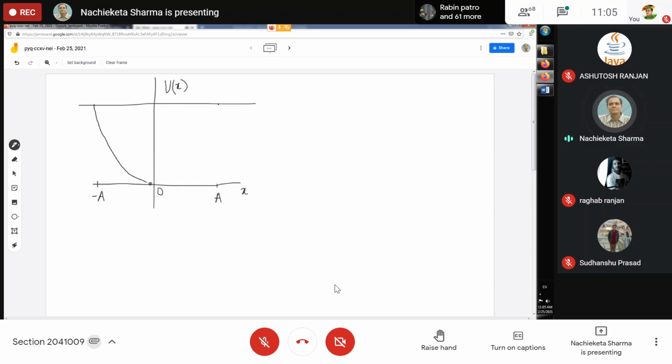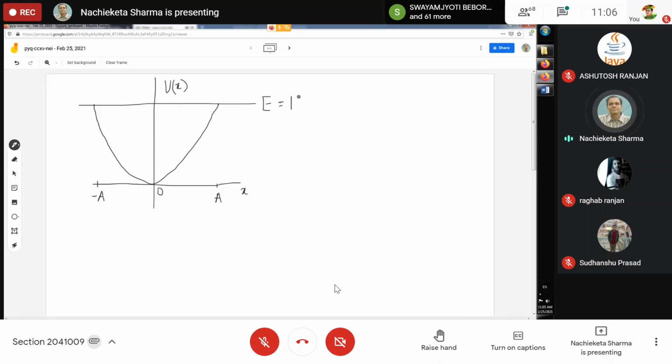This is the potential energy curve I am drawing. And you will see the kinetic energy, because this will be your total energy. Your kinetic energy is 0 at the extreme position.